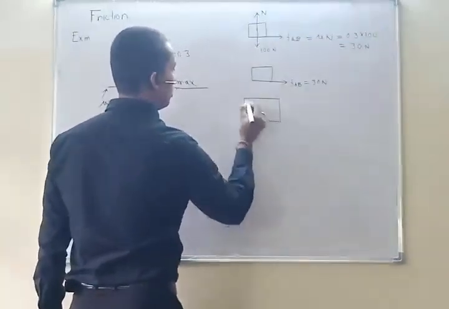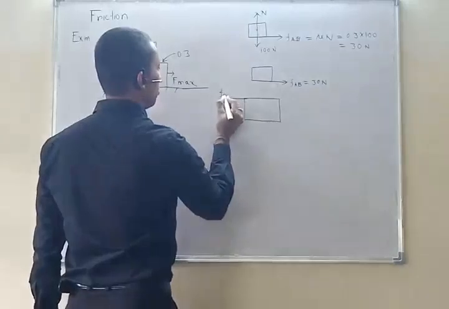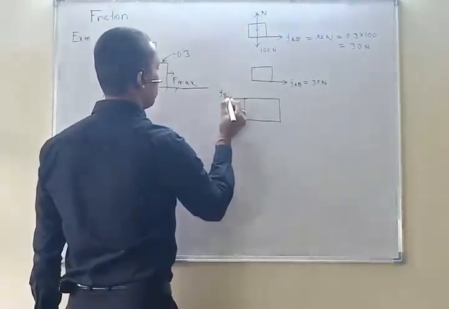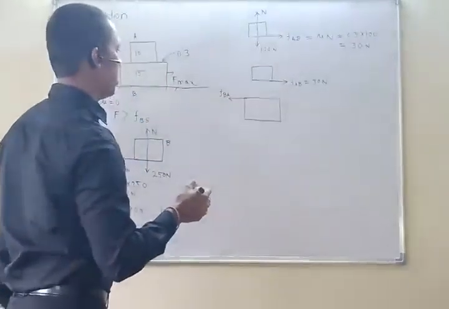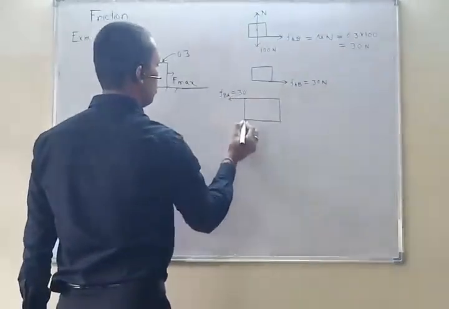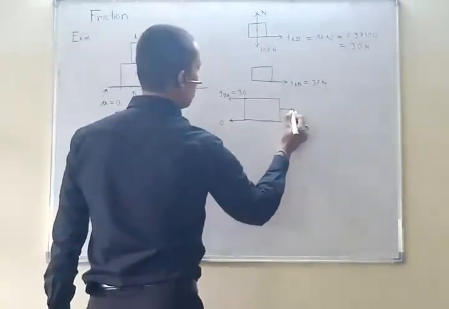On block B, there will be a resistance given by block A on B, that is F_BA, the force on B by A. For equilibrium, that is also 30. What is this value? This is 0. This is F.